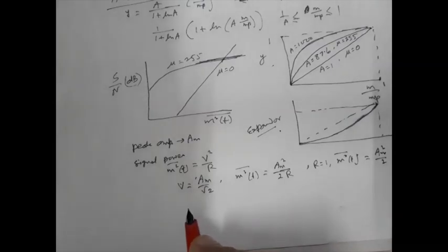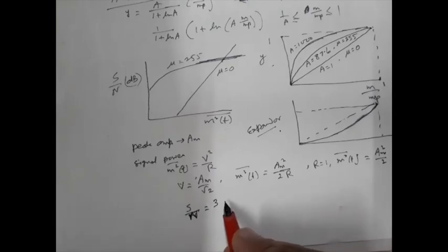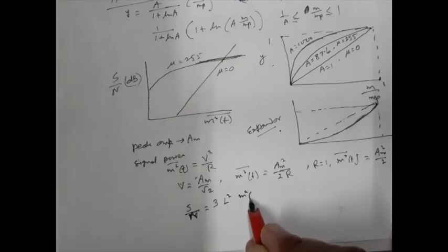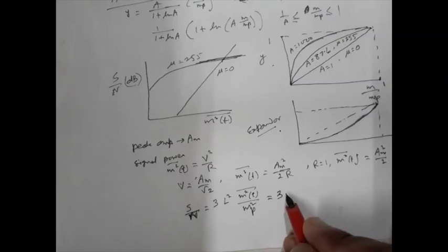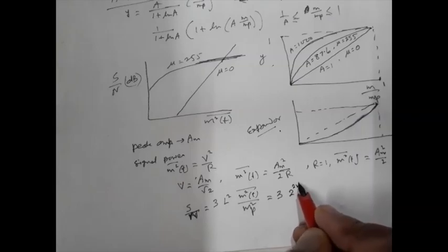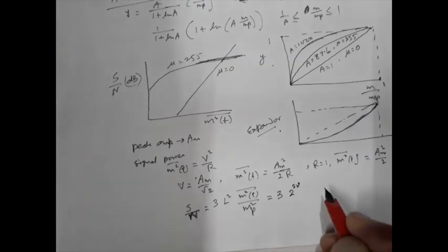Now from our previous analysis we have seen that the signal to noise ratio can be written as 3 into L square into m square t bar by mp square, the number of levels squared, that we have already seen. And also L square means 2 to the power 2n, where n is the number of bits for PCM.